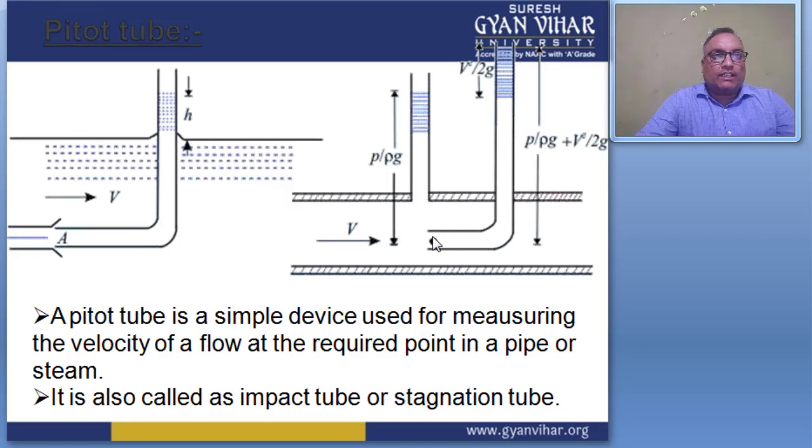Then P by rho g is the pressure head at this point, and P by rho g plus V squared by 2g is the pressure head at this point. So this height delta H gives the difference between the static and dynamic pressure, right? And this is the third application of Bernoulli's equation.